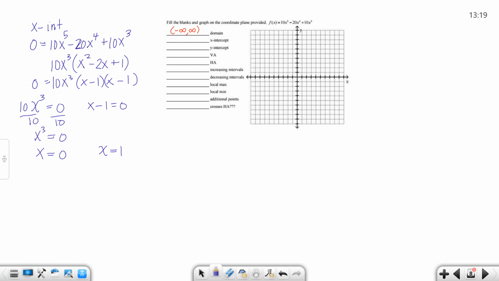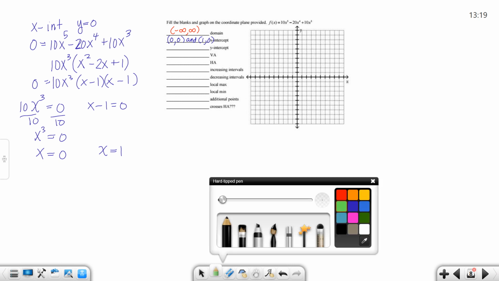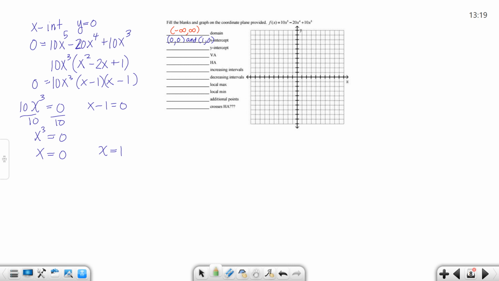So the definition of X-Intercept is you set your y part to 0, so that's why I set the function to 0. So I'd have an X-Intercept at 0 with y value 0, and also at 1 with y value 0. To find the Y-Intercept, you set x to 0.